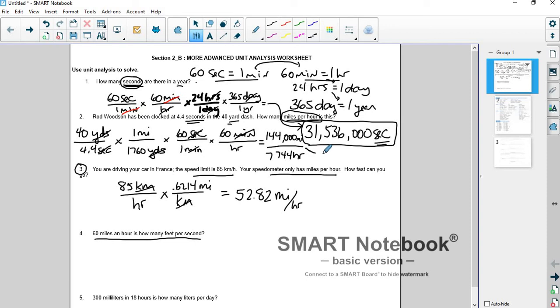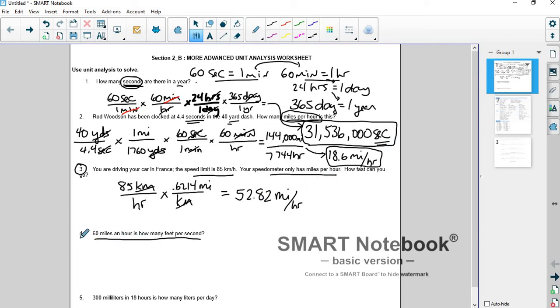But of course, that's not the answer that I'm looking for. The answer that I'm looking for is when I divide these out. So I have to take 144,000 divided by 7744, because I want a unit rate. And I get 18.595, so that it rounds off to 18.6 miles per hour. 18.6 miles per hour. That's pretty quick.